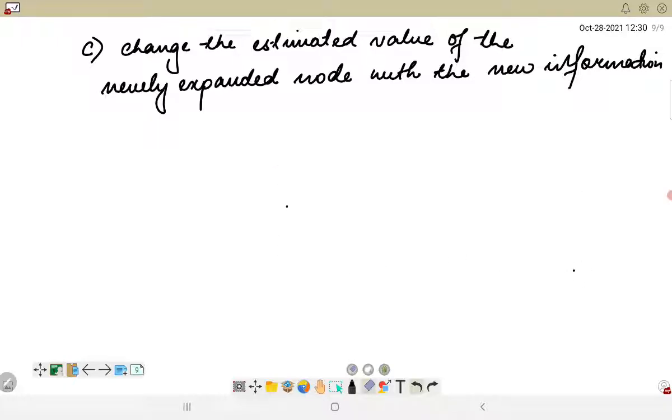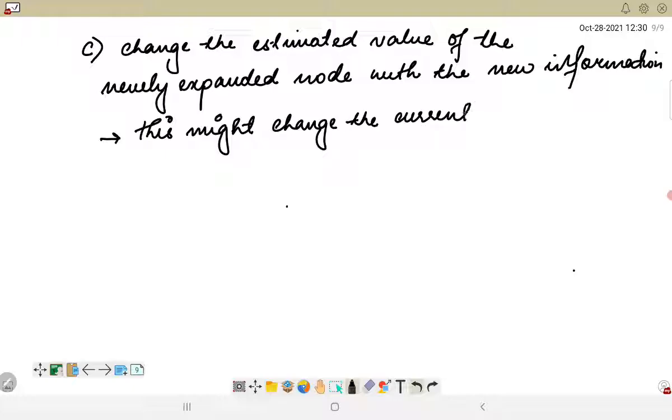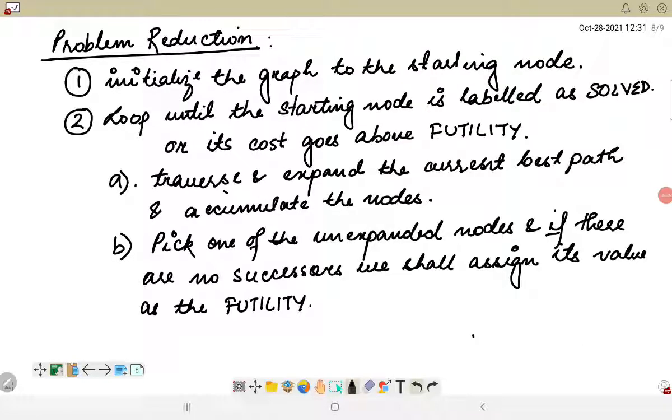And this might also lead to the current best path to change. So this is how the problem reduction or AND OR algorithm works.